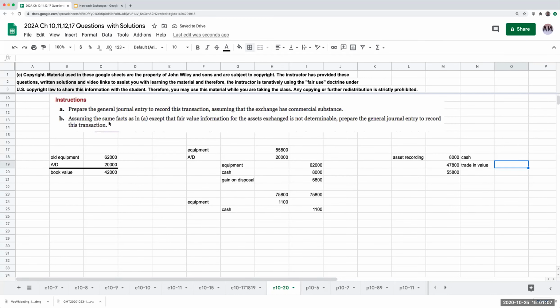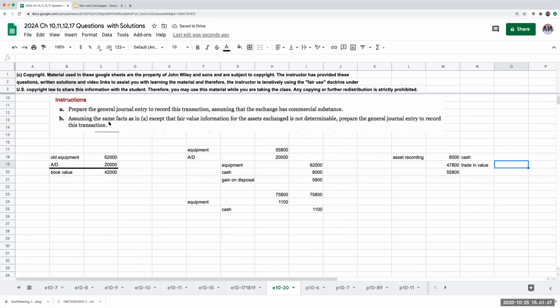I would say that the transaction lacks commercial substance, because even if we say 42 and 8, this $8,000 is less than 25% of the total amount of what's really being given up.